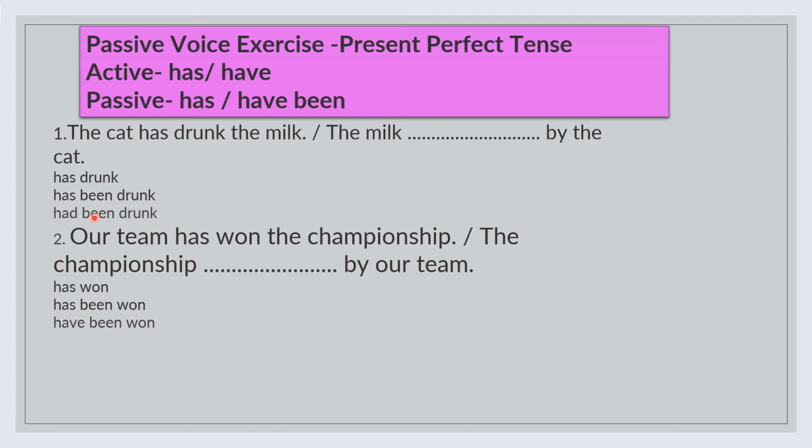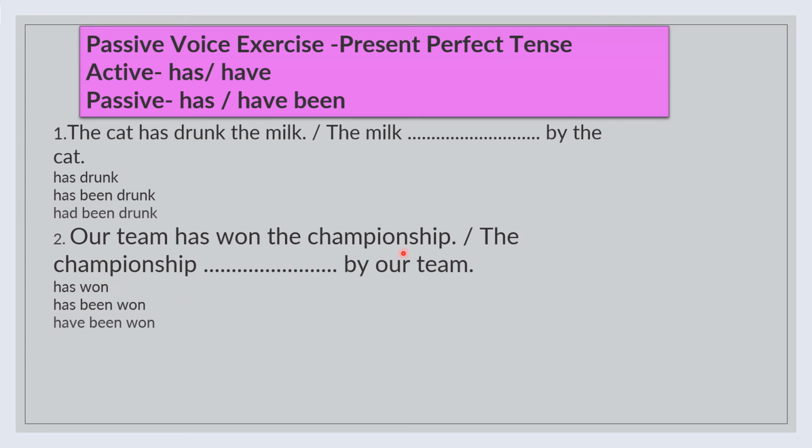Those of you who are going for had been drunk, please check that your examiner wants you to focus on the present perfect tense, not the past. I've given you a hint. All right, very good. Has been drunk. This is the right answer.